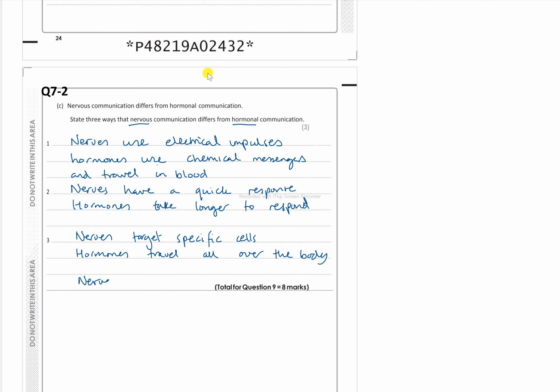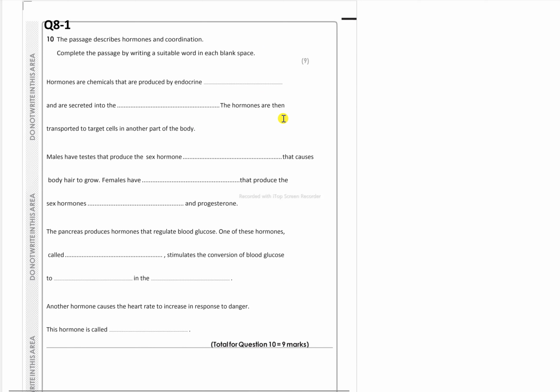Another one, you can say the nervous impulses are short lived, whilst hormones have a longer lasting effect. Right, okay, let's move on.